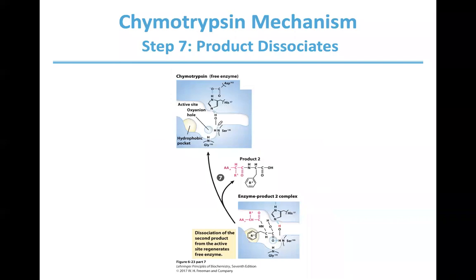So the final product dissociates, and we reform the active site with the aspartate, histidine, and serine, oxyanion hole, and then the hydrophobic area, active for the next molecule of chymotrypsin.